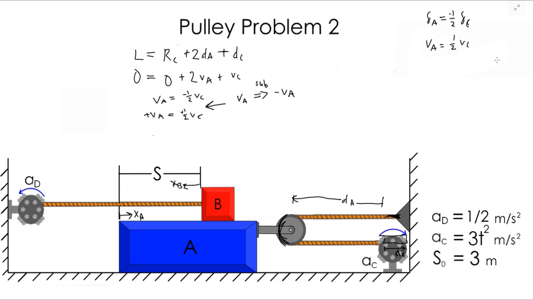Let's take the derivative of that now. We get our acceleration equation: AA equals a half of AC.